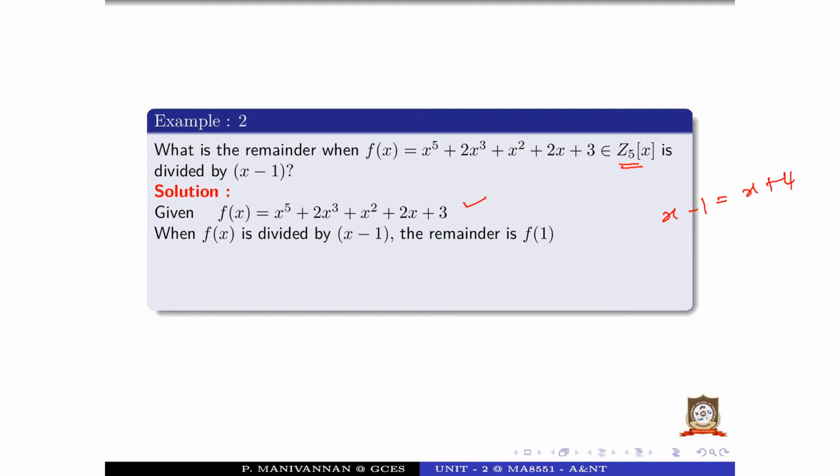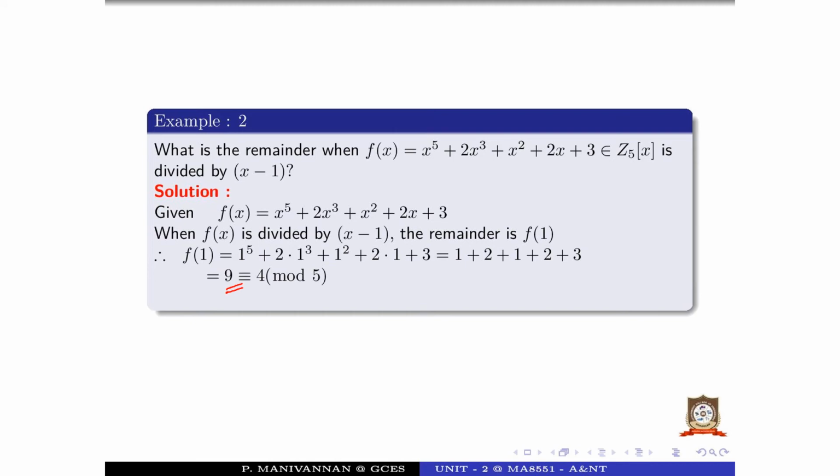How is it possible? Minus 1 is equal to minus 1 plus 5, which is equal to 4. Divided by x minus 1, the remainder is f of 1. Simplifying these values, we get 9, and 9 equals 4. Therefore, the remainder is 4.